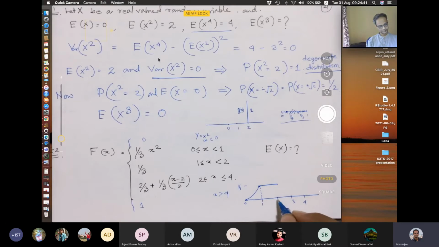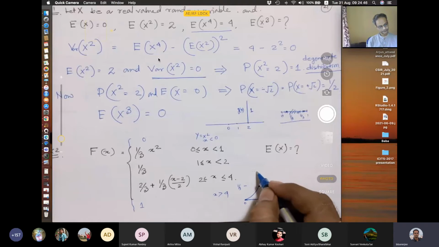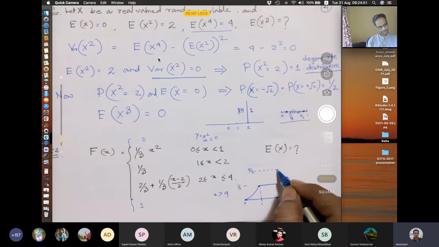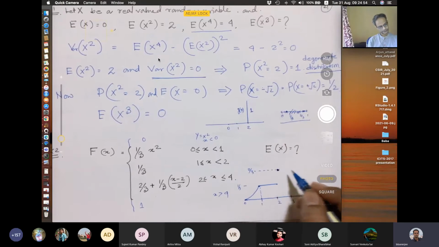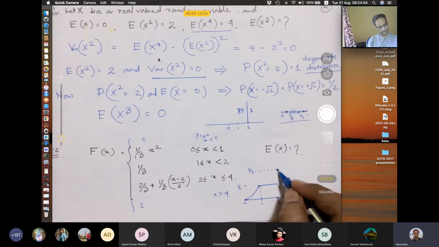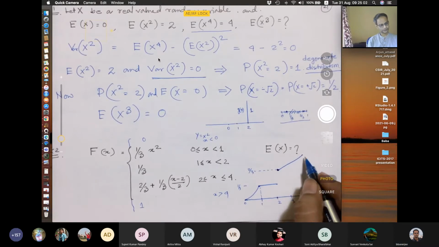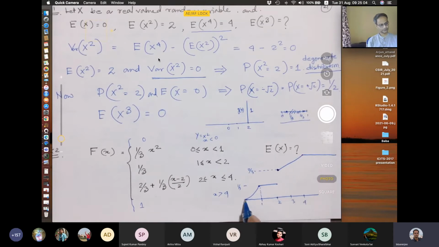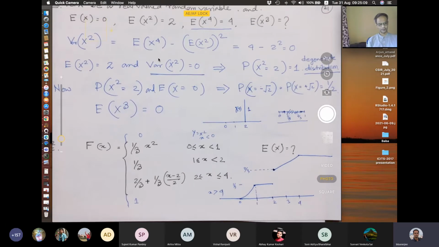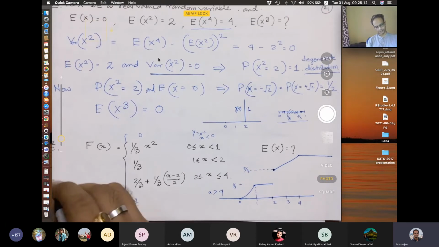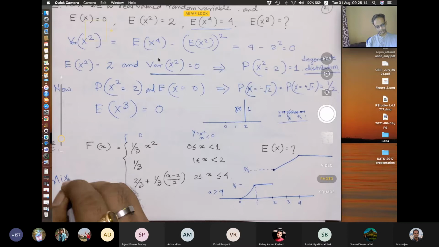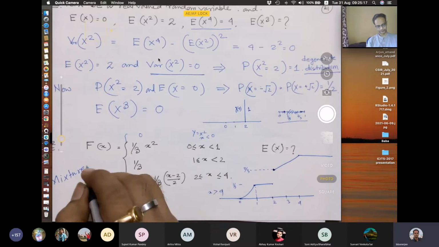Then at 2, it will jump to 2/3. So there is a jump. And then from here it reaches 1, and then it is always 1. So this is how it looks. This kind of random variable is known as a mixture random variable, or mixed random variable.